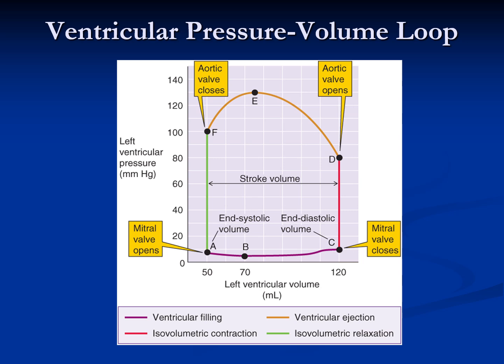So if we relook again at segment A to B and B to C, this part, BC, the slope of this part, is a reflection of the compliance of the LV, passive compliance of the left ventricle. So by the time the LV has fully relaxed and has reached point B, the active relaxation process is over.